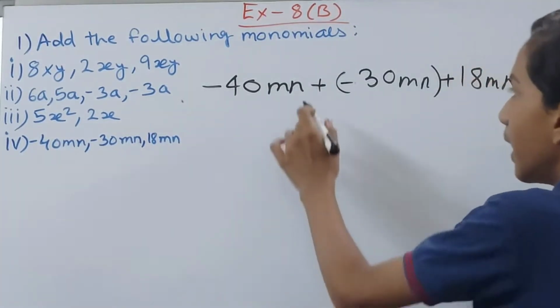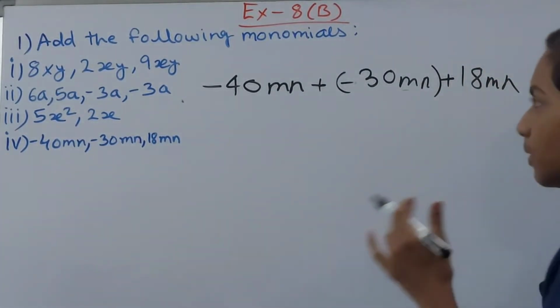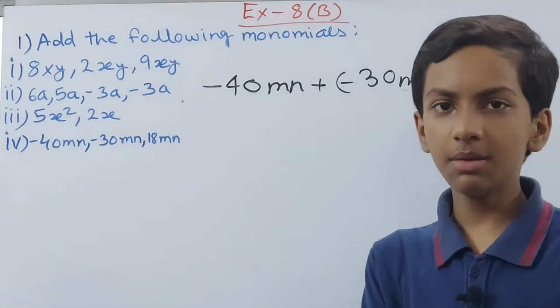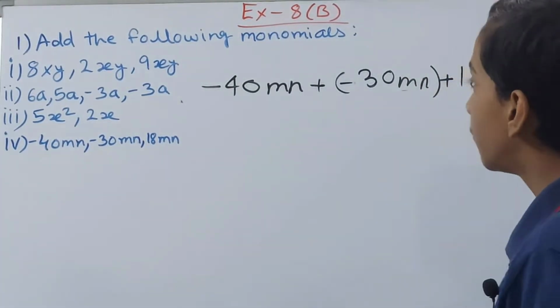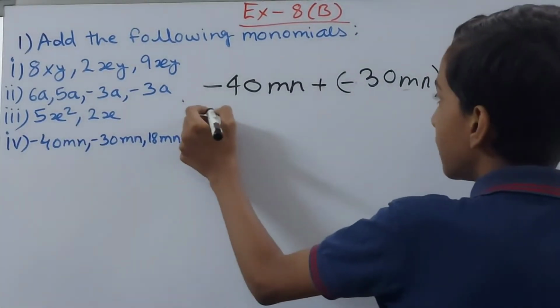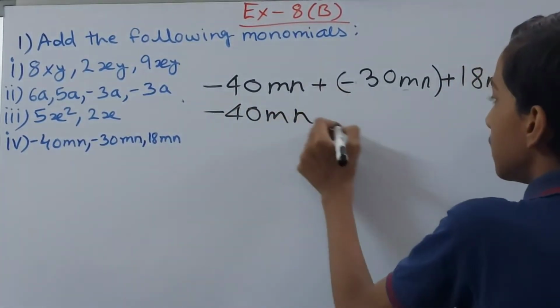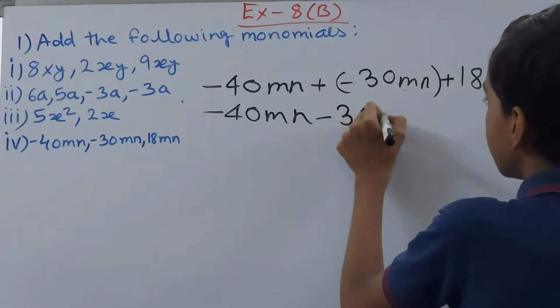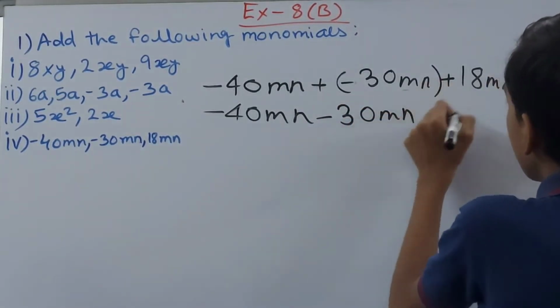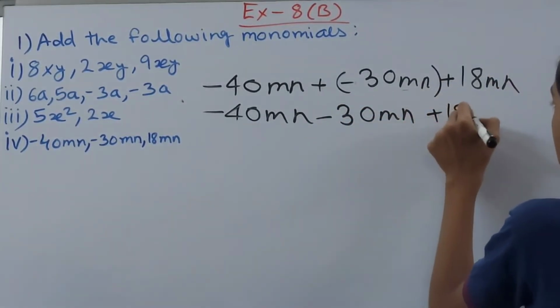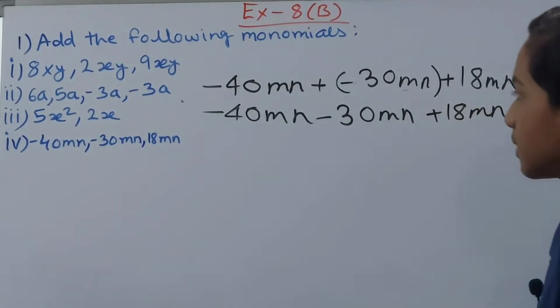Why so? Because in all three we have the variables m and n. Now we open this bracket up: minus 40mn plus minus minus 30mn and plus 18mn.